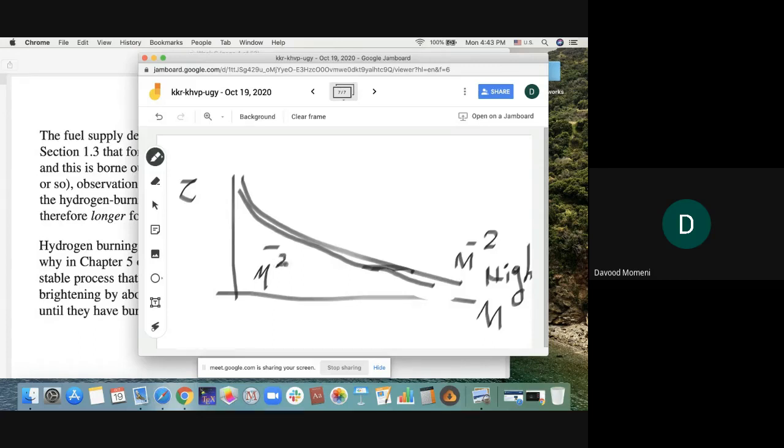So from the point of view of the nuclear lifetime, it is difficult to distinguish between the high mass and the lower mass stars. Both of them are decaying, which means they are decreasing. All right.